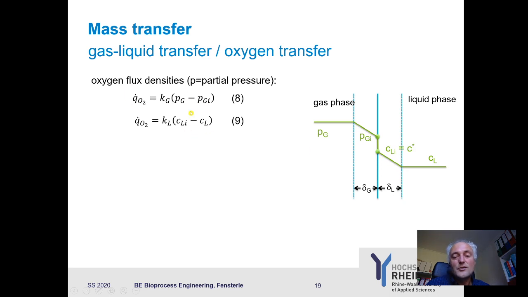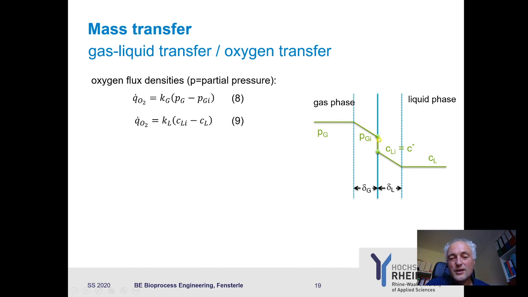And for both, we can have a concentration gradient, which in the gas phase is the partial pressure. In the gas phase, you talk about partial pressures. If it's 1 atmosphere and you have 21% oxygen, it's 0.21 atmospheres. It's a partial pressure of oxygen. So this is your oxygen concentration in the gas phase. Here it will be lower because it's taken out here.